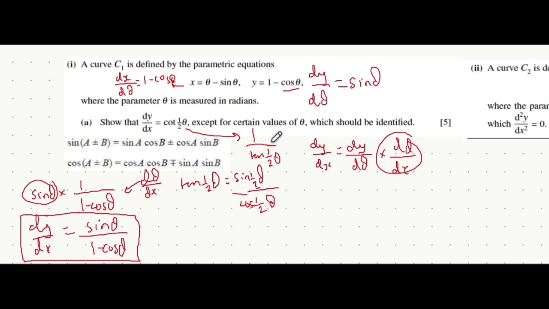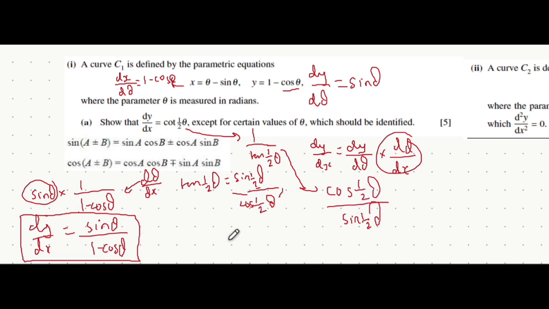But what we want is 1 over tan of a half theta. So the reciprocal of this is cos of a half theta all over sine of a half theta. So essentially we want to show that the expression that we got for dy/dx is somehow equal to this. How do we do that?